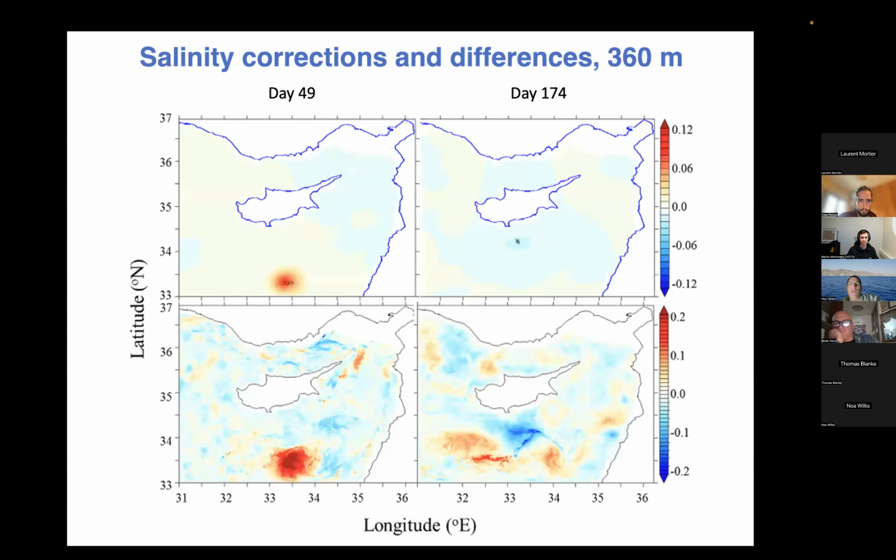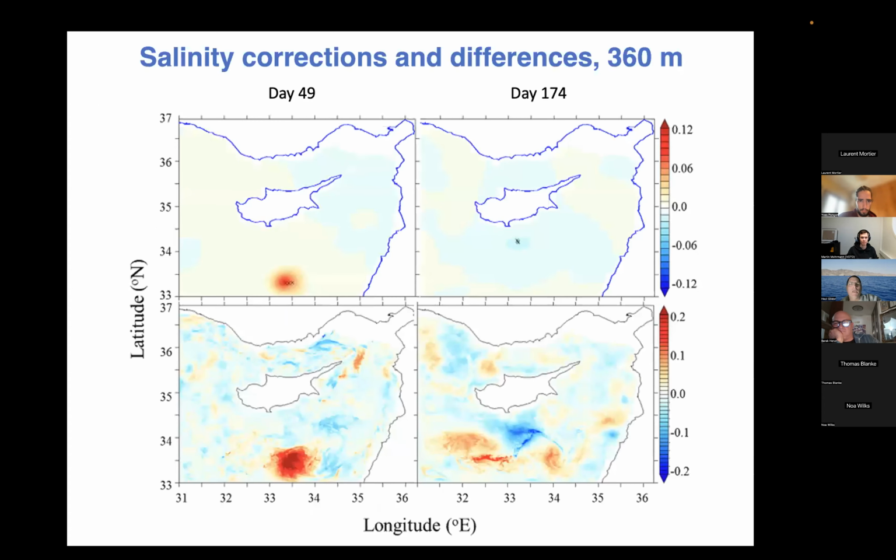So here you can see 2 examples from day 49 and day 174. They started from December 2011, and we see here 2012.